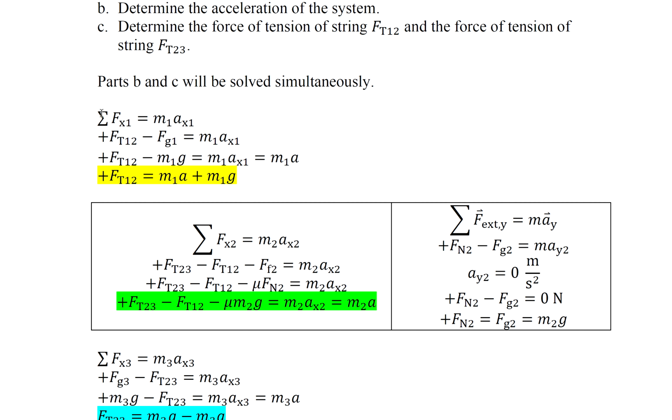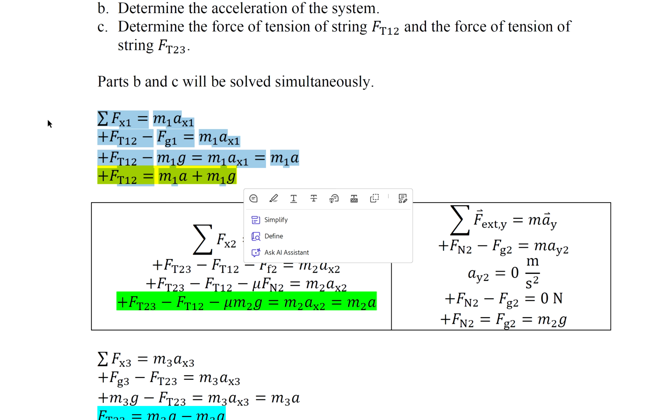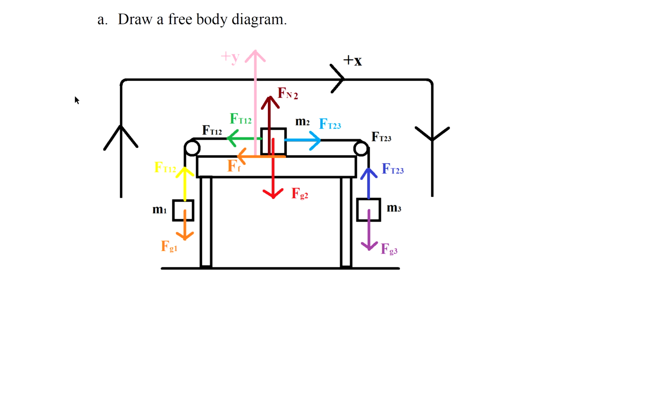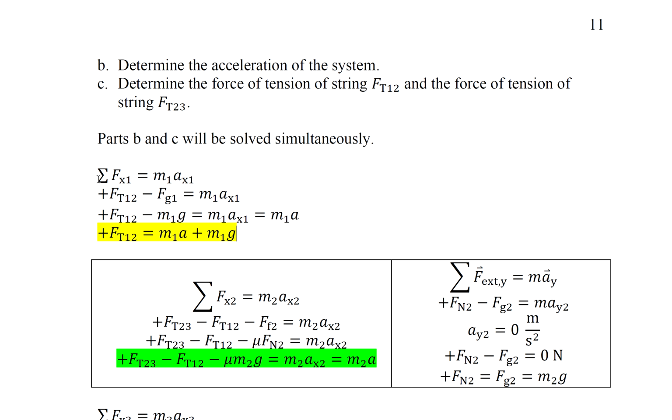So for mass 1, sigma F sub x1 equals m1 a sub x1, which is force of tension minus force of gravity. So that's here on the left side, mass 1, plus force of tension minus force of gravity. We got that here.